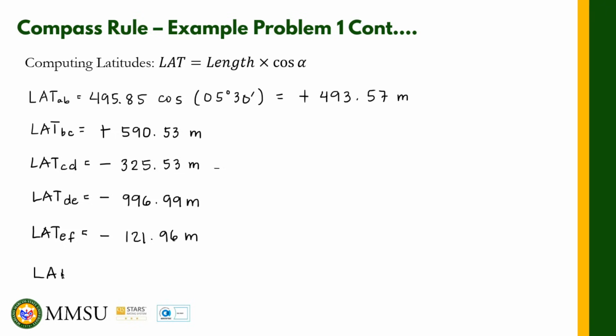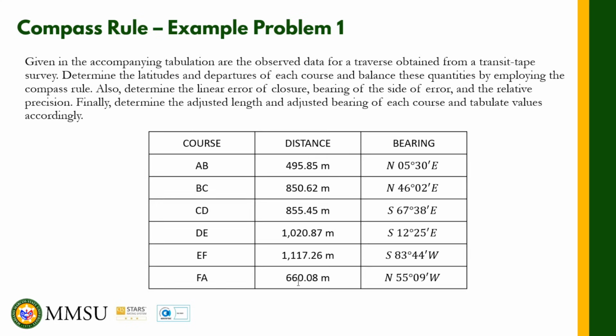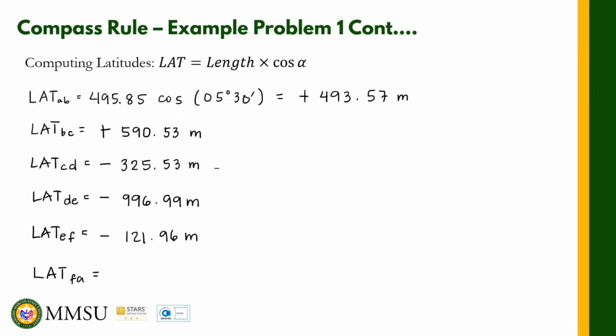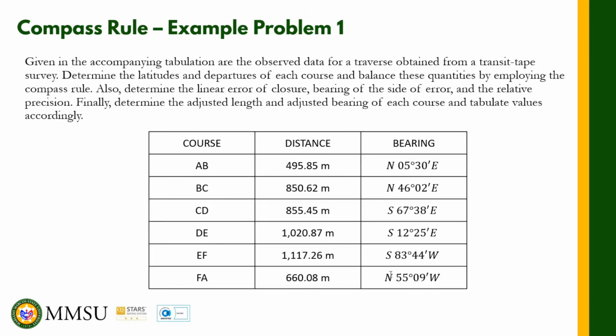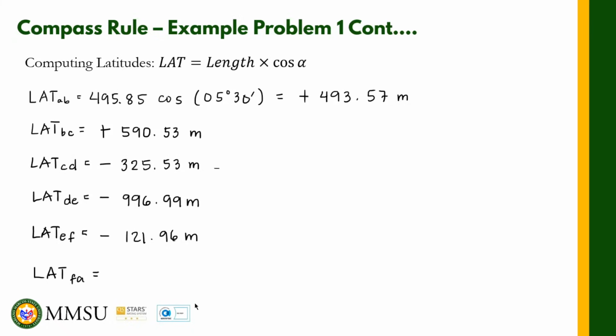And then finally, for the latitude of FA, latitude of FA is just equal to 660.08 meters multiplied by the cosine of 55 degrees 09 minutes. Okay, and this is north, di ba? North, ibig sabihin our answer should be positive. So this is positive 377.19.